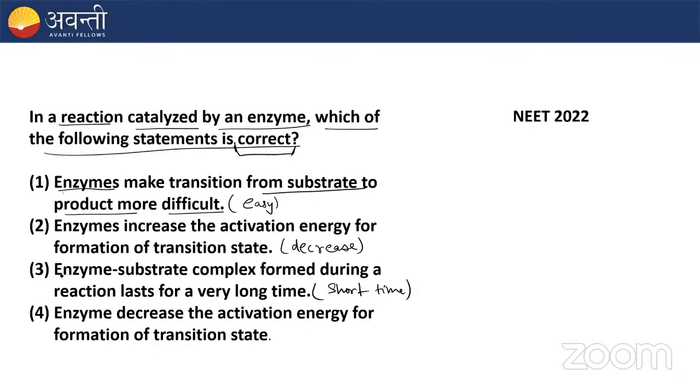So option 3 says the enzyme-substrate complex formed during a reaction lasts for a very long time. No, the enzyme-substrate complex formed during a reaction lasts for a very short time. And the enzyme decreases the activation energy for formation of the transition state. This is the correct statement because the question is asking which of the following statements is correct.